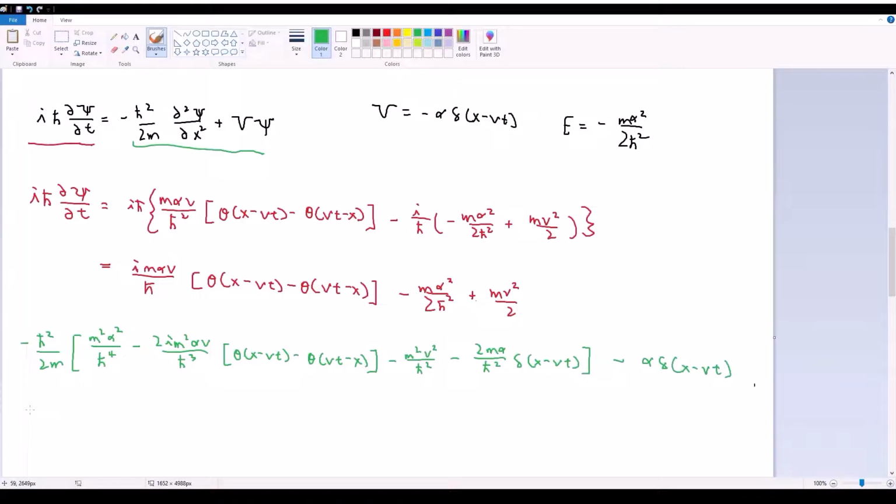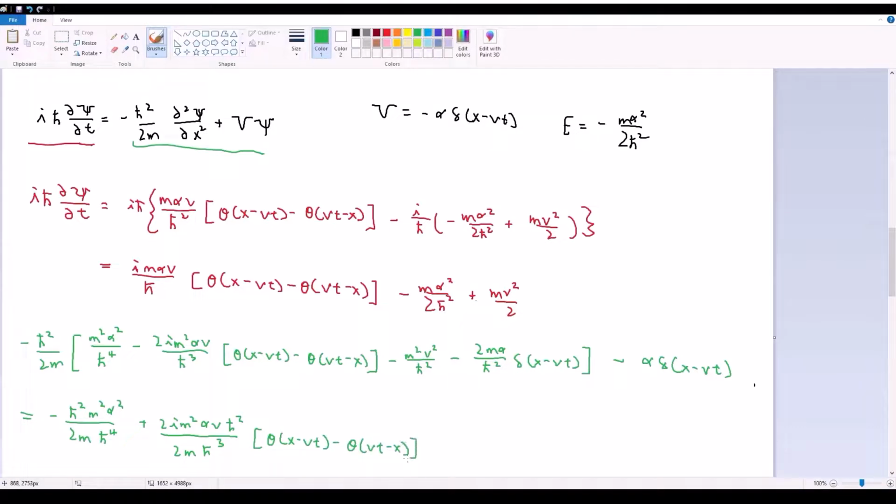So at this point, this is going to give us, let's see, negative ħ² m²α² over 2m ħ⁴, plus 2im²αv ħ² over 2m ħ³ times theta(x − vt) − theta(vt − x).